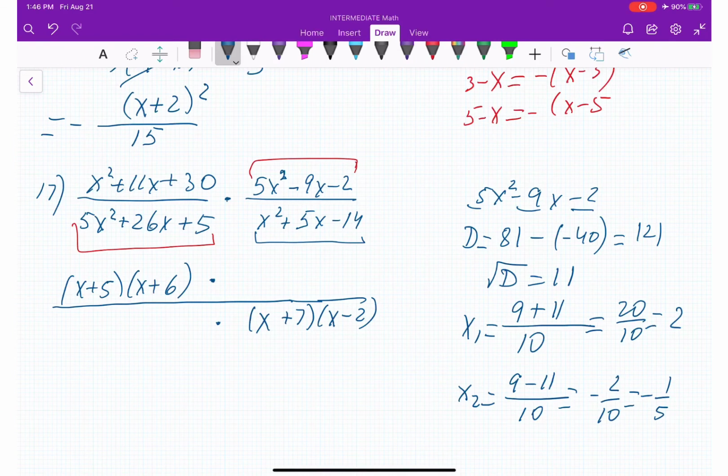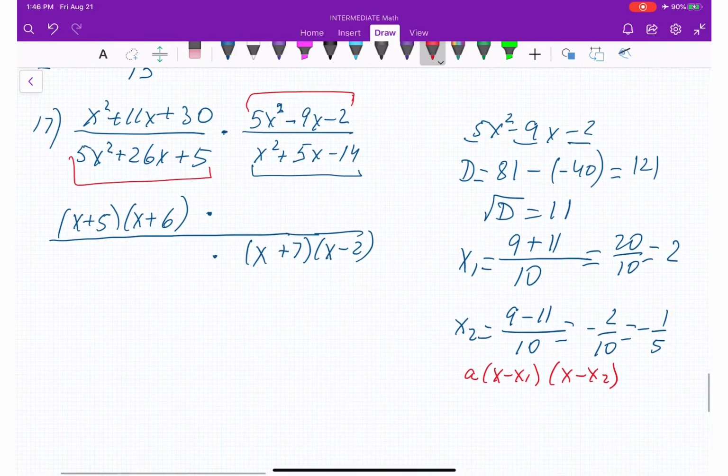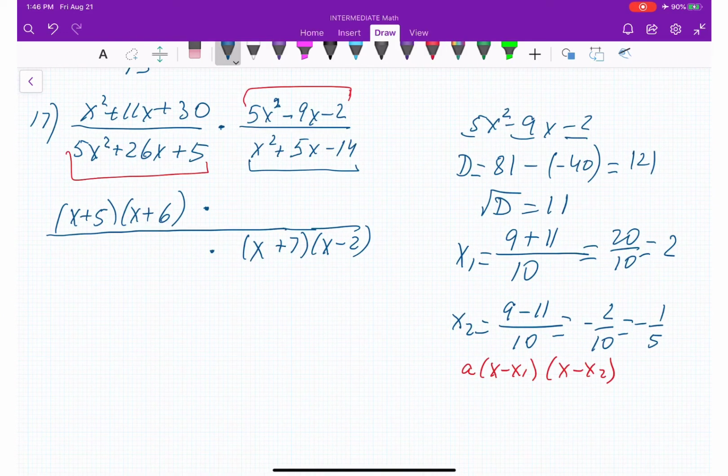So the common format we are going to use is a times x minus x1, x minus x2. That's going to be 5, my a, right? Instead of a, I'm going to write down 5. 5 times x minus, or rather plus 1/5, because it's negative so it will become positive, and x minus 2.